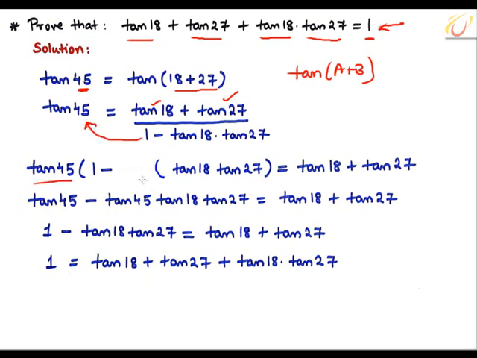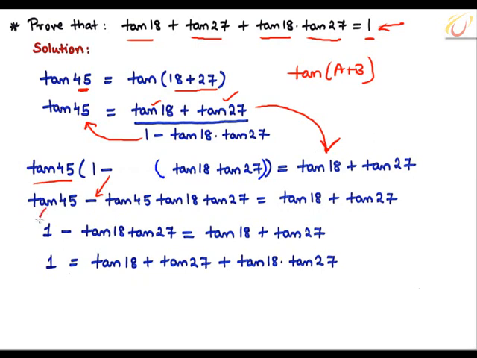Tan 45 in bracket 1 minus tan 18 tan 27, there should be one more bracket here which will make it clearer, is equal to tan 18 plus tan 27. Open the bracket. Tan 45 into 1 will be tan 45, minus sign as it is. Tan 45 into this bracket is tan 45 tan 18 tan 27, is equal to tan 18 plus tan 27.